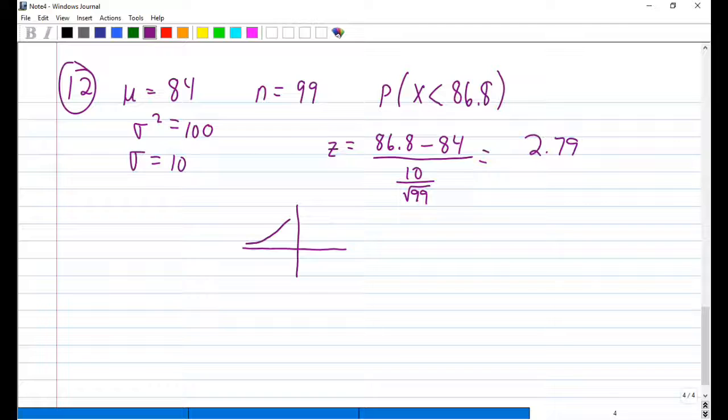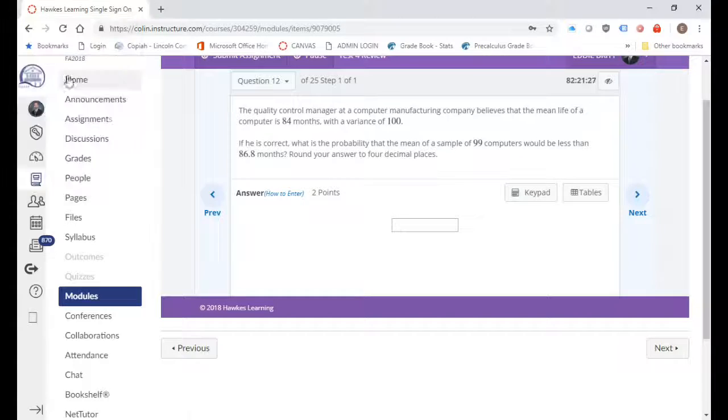Because if we are 2.79 standard deviations to the right, then the area that we find in the chart is going to be, well, I'm sorry, I said it's going to be really small, but this is a less than problem. So if we take the value from the table, because it's less than, it's going to be really big. It's probably going to be 0.8, 0.9, 0.95, somewhere around that. Let's look that up.